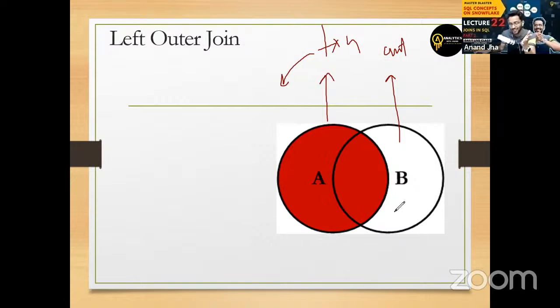I know that I study data from the left table and matching records with the right table. Tell me from a business perspective, when A is the transaction table and B is the customer table, and I'm giving you this figure, what does this figure represent? I'm not asking you any technical thing.